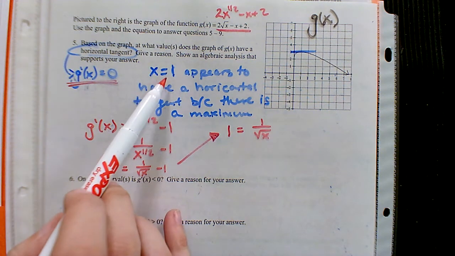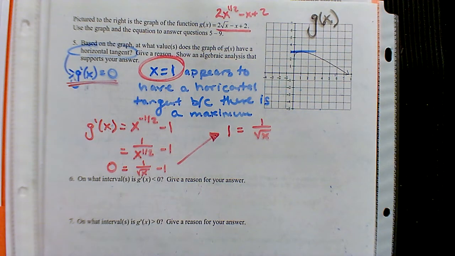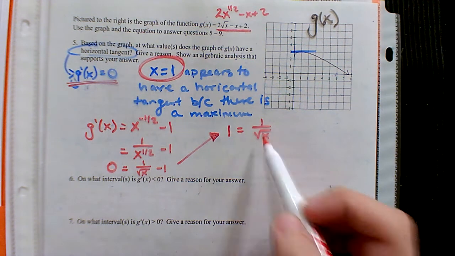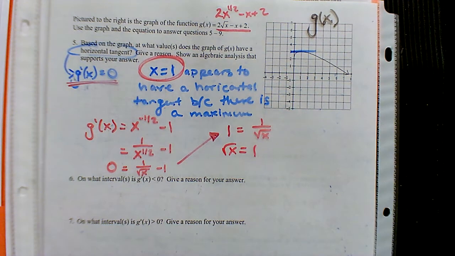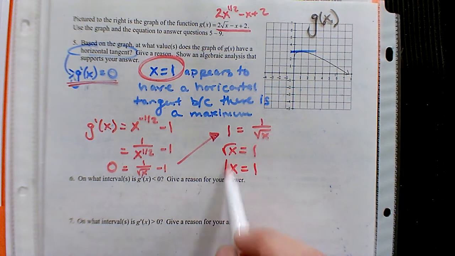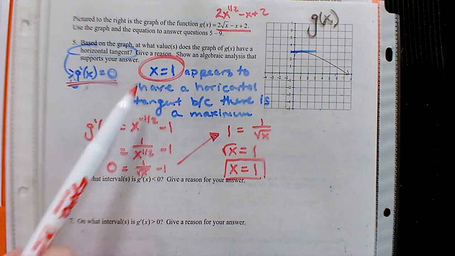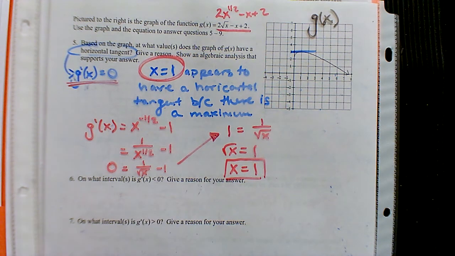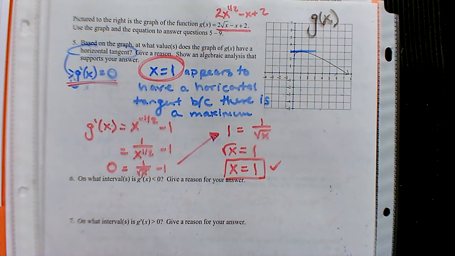We're trying to get this as an answer. We're trying to show that the guess we had was correct. What do you think, Stevie? Multiply it over. You can always get rid of a fraction by multiplying the denominator over. So 1 times the square root of x, just the square root of x. Square both sides. Looks like we get 1. Notice how that guess we had based off the graph is correct. Algebraically, mathematically, using the calculus, it's confirmed. So that guess we had was perfect.